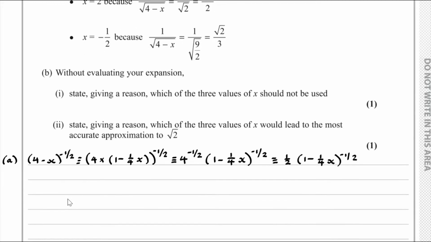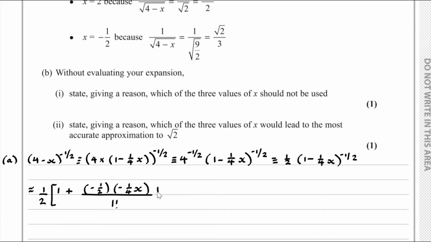Okay, so what we have over here then is this expansion being approximately equal to 1/2 lots of 1 plus minus 1/2 lots of minus 1/4 x divided by 1 factorial.